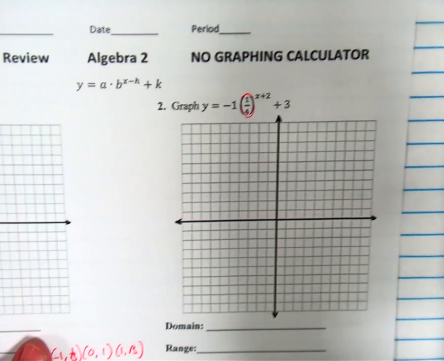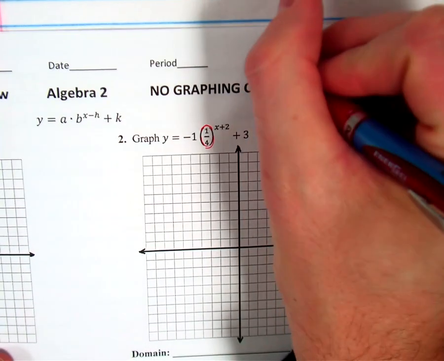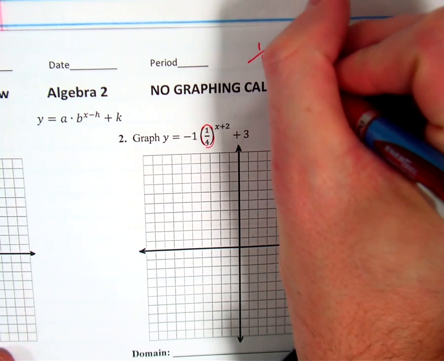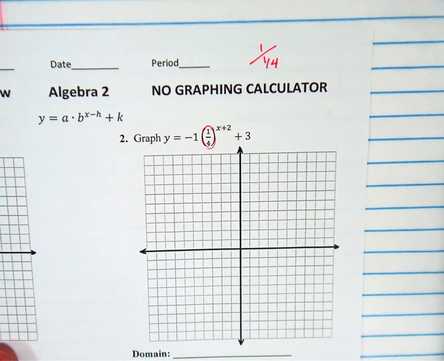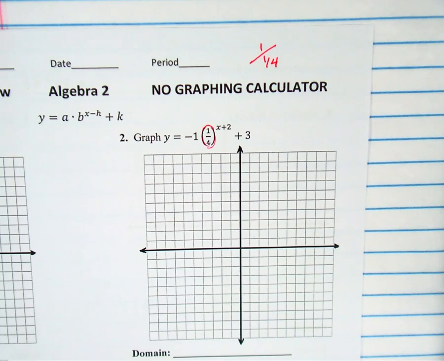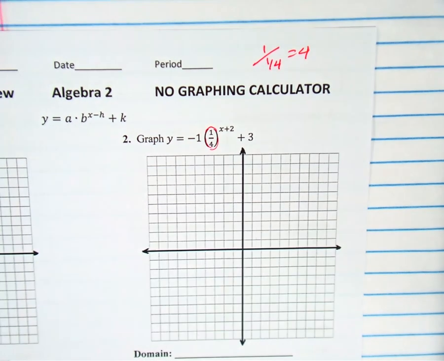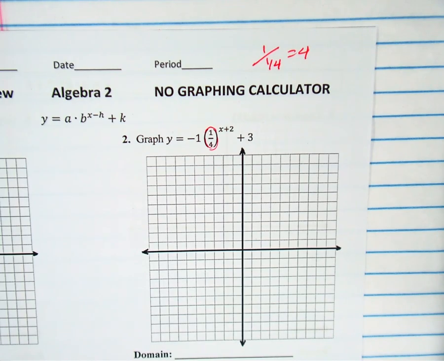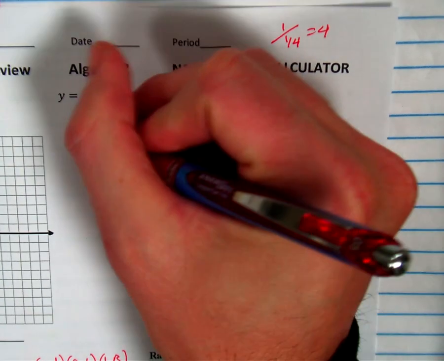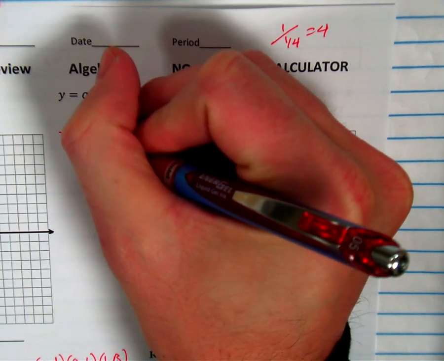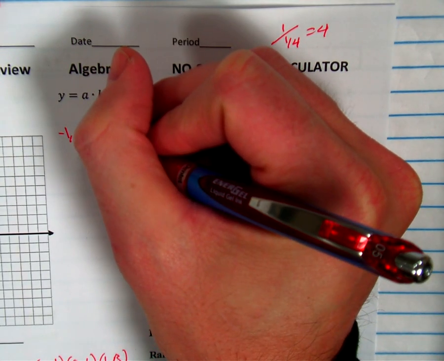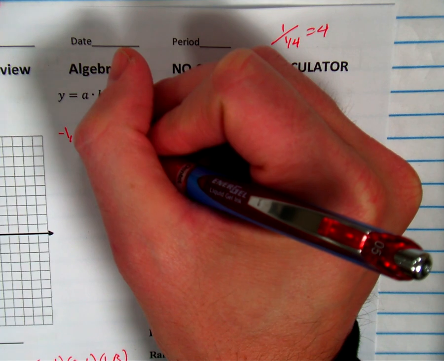Before we get crazy with that, let's think about what 1 divided by 1/4 would be. We're going to have to flip that, and it's going to be 4. Sometimes the fraction ones get confusing, so I will just start with the 1, comma b spot.